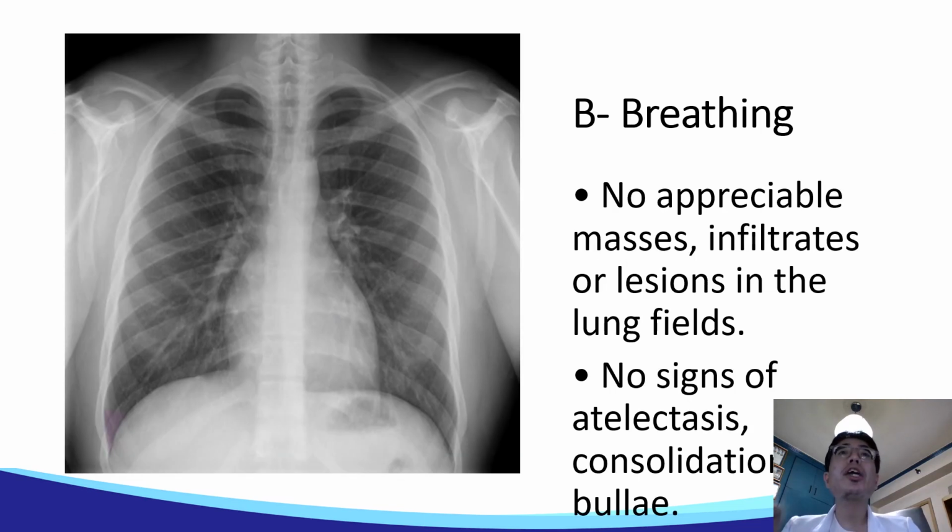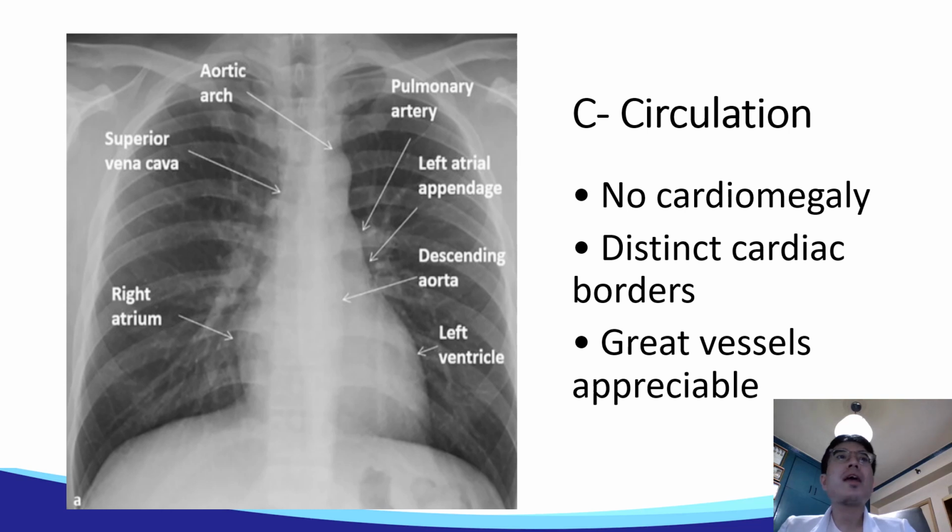For this particular patient, therefore, we do not appreciate any masses, any infiltrates or lesions in the lung fields. There is also no evidence for any atelectasis, consolidation, or bullae. In addition, the pleura is also not thickened. Next, we go for C, which stands for circulation.